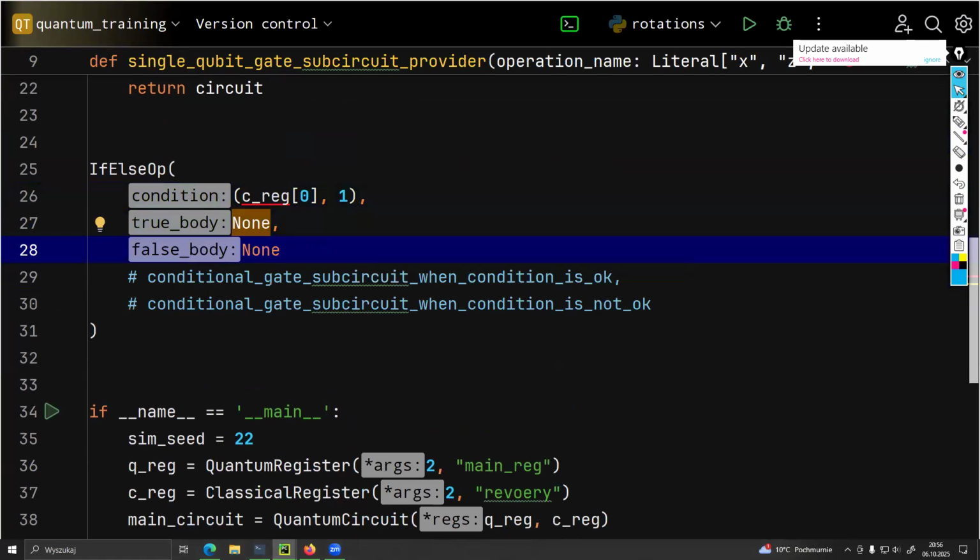The true body will execute, or be appended, once this condition is true. The false body will be appended and executed only when this condition is false.